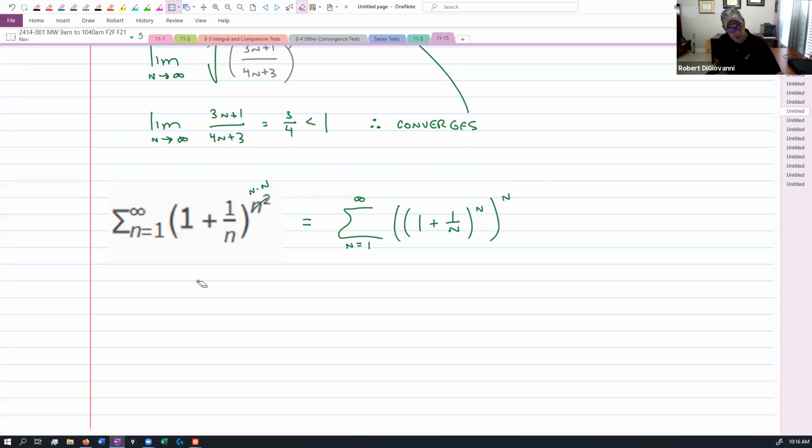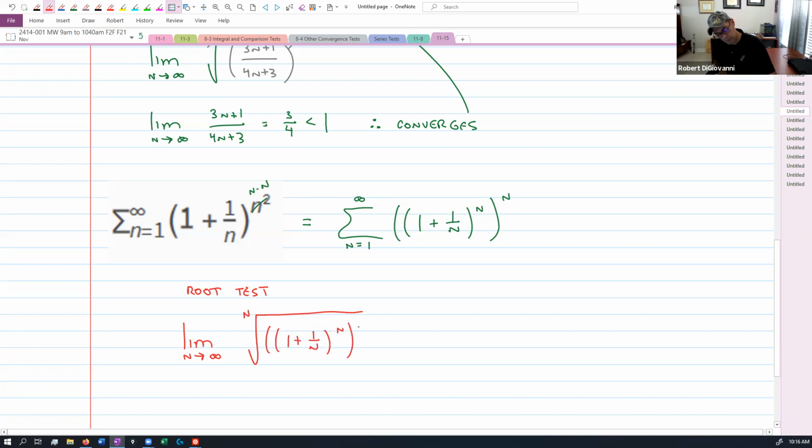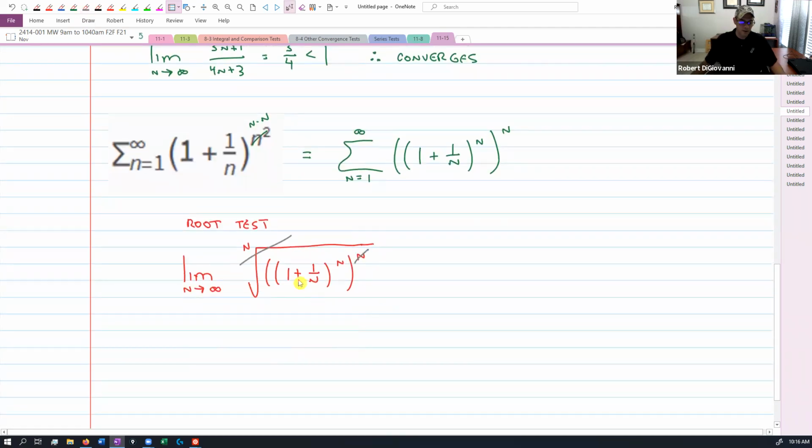And now if I do the root test, I take the limit as n goes to infinity of the nth root of that expression. And so the nth root kills off the outside n power. It doesn't kill off this one, just kills off that outside one. And that leaves us with this limit.